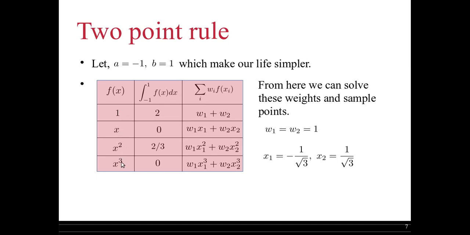We have gone through these polynomials and our exact results are here. You can check them against the analytical result; these are the same. So now I can write this formula with w1 and w2, x1 and x2. So here 4 unknowns are there.